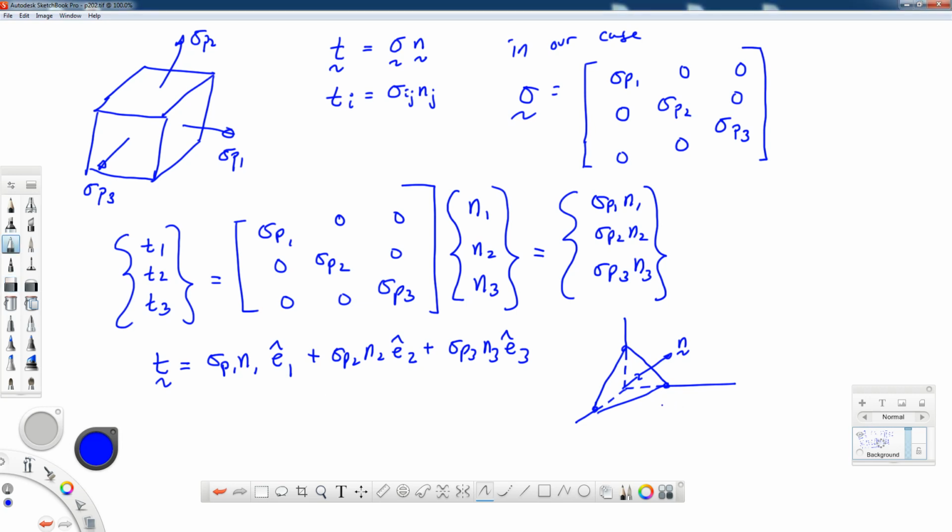And this traction vector t doesn't necessarily point in the direction of n. It can be skewed off in any particular direction, depending on the values of these weights, sigma p1, n1, and so forth. I'll draw that in on this picture as if it maybe is coming over in this direction.